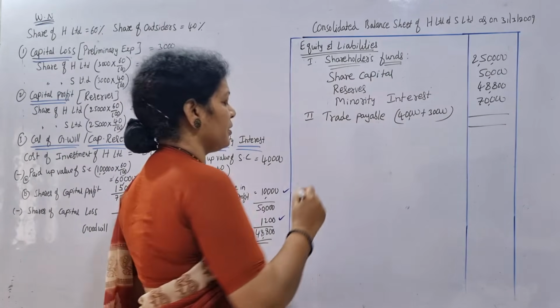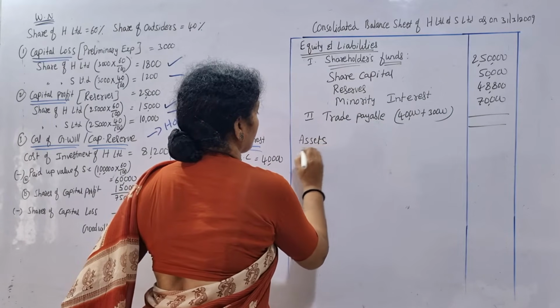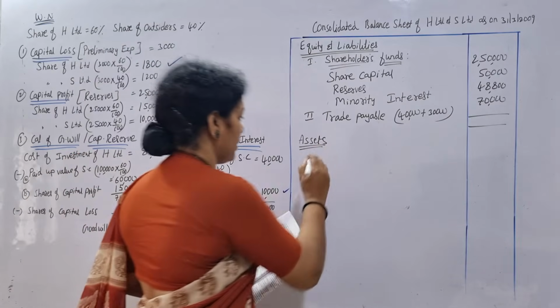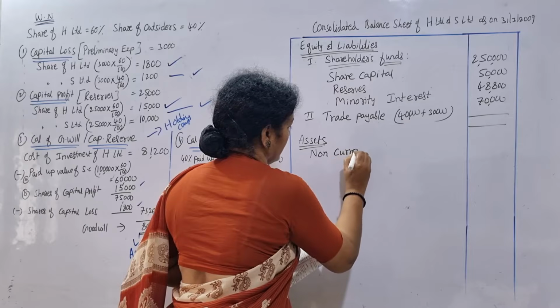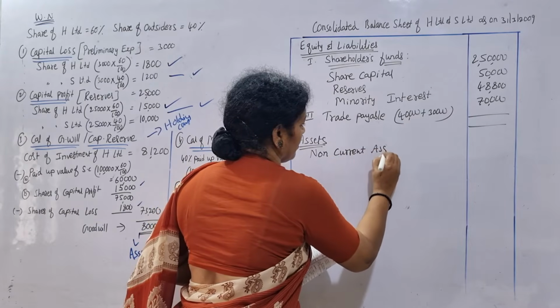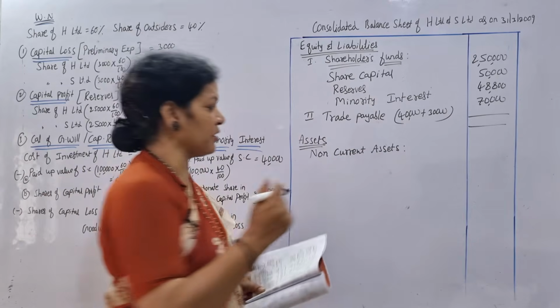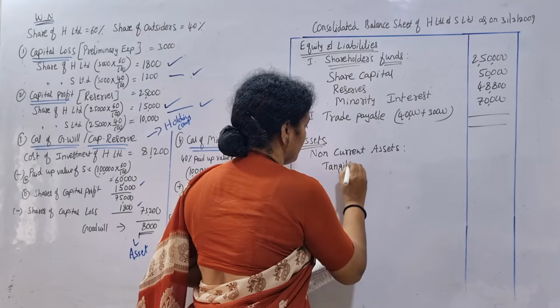Now let's focus on the assets. In assets, non-current assets first we'll take. Non-current assets will say first tangible assets, intangible assets. Tangible assets means fixed assets. You know that.